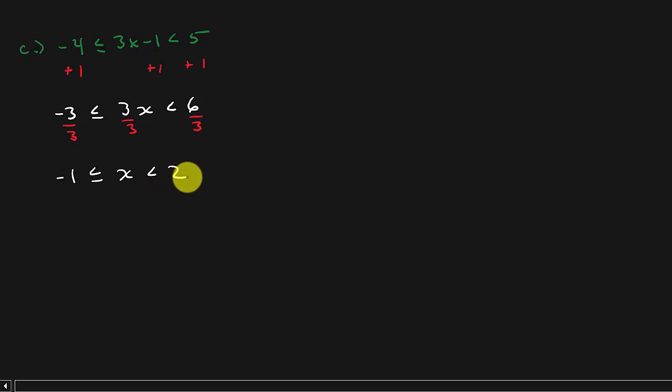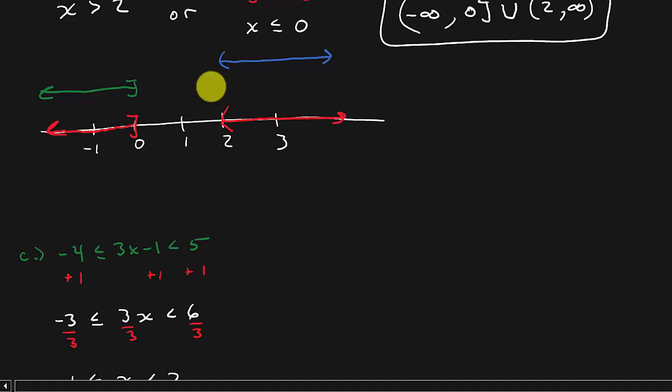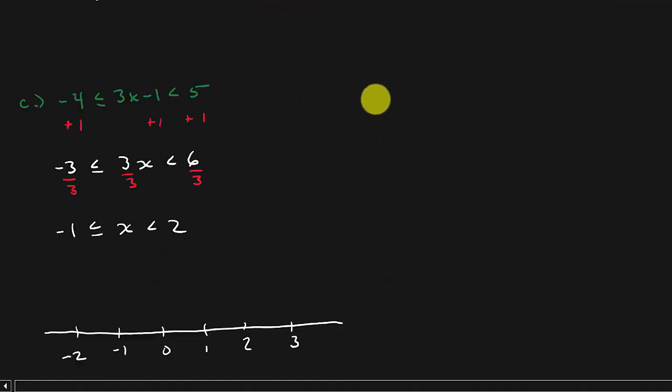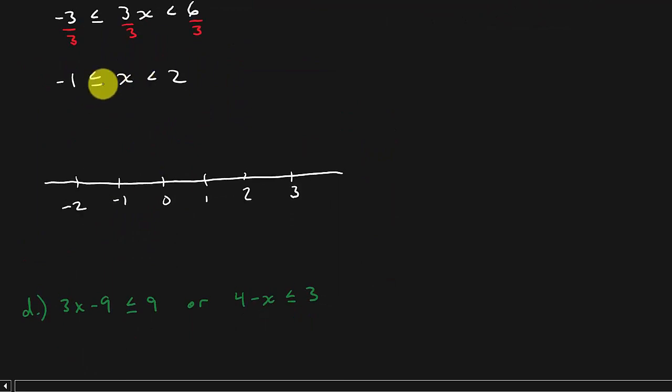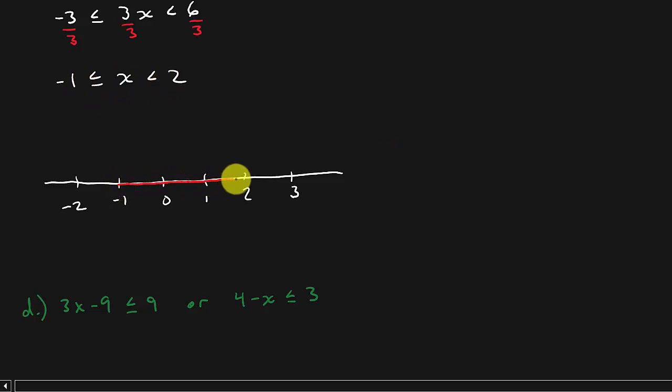All right. So now let's graph this thing. So that's going to be, let's start out with -2, -1, 0, 1, 2, 3. All right, now here on this one, you don't really need to draw 2 separate graphs like we did up here in these and then combine them into one. Look, all this means right here is that x is between -1 and 2.